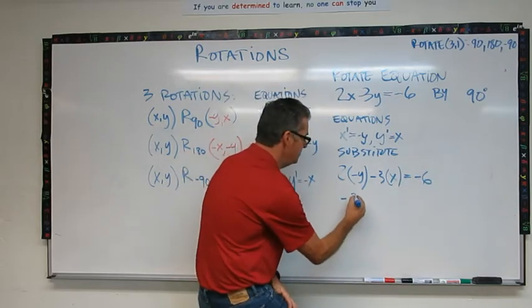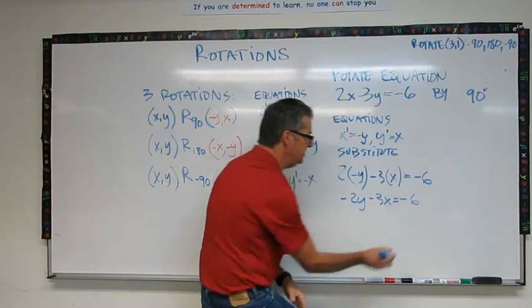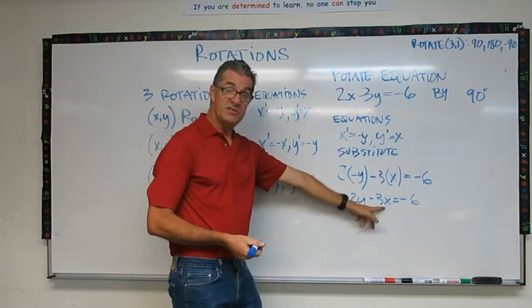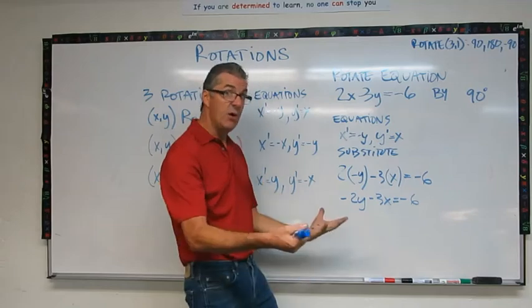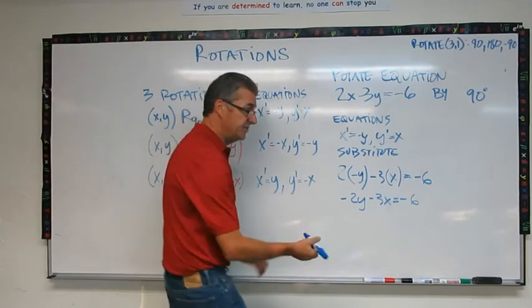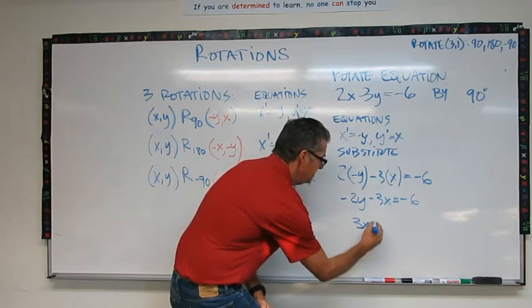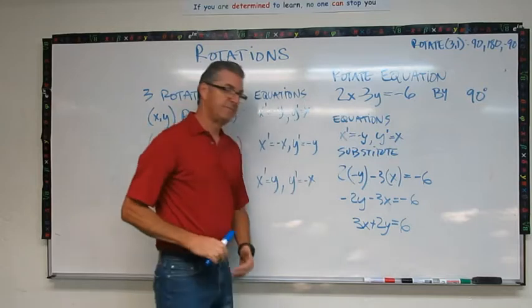Now I have negative 2y minus 3x equals negative 6. Now, general form wants the x term first, and it should be positive. So we're going to rearrange these two and multiply by -1. It's going to change every sign on this equation. 3x plus 2y equals 6.